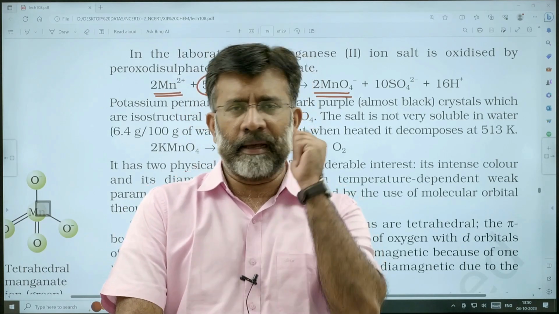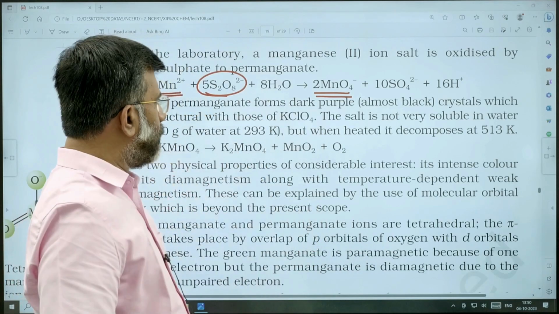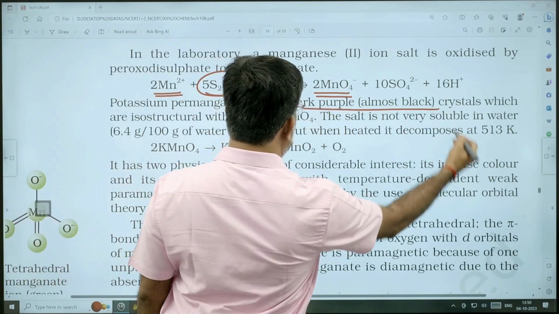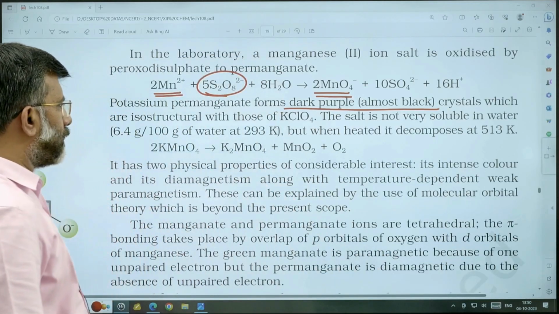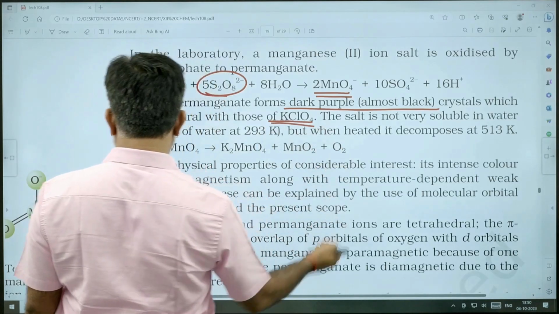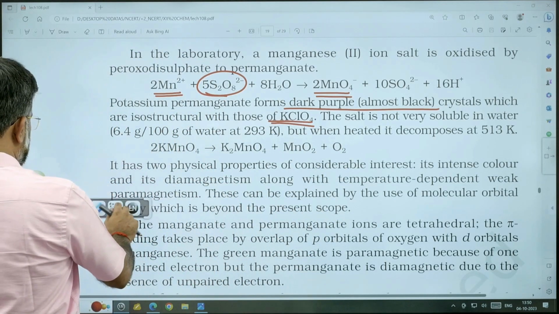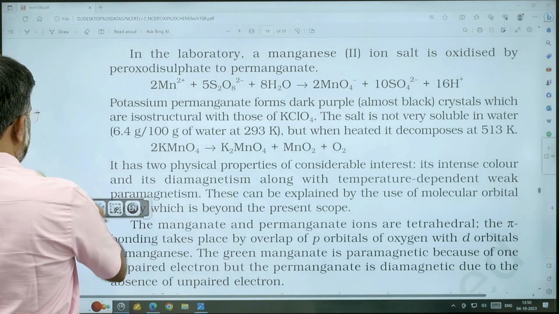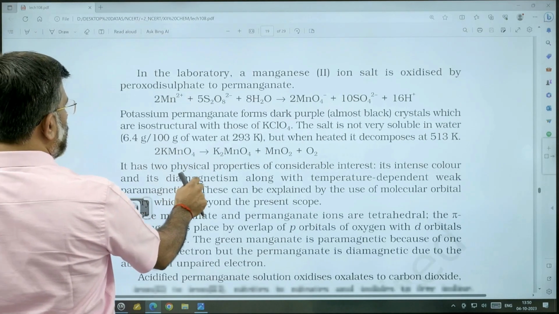That is the laboratory method of preparation. Try to understand that potassium permanganate forms dark purple colored crystals. They are isostructural with potassium perchlorate, KClO4.